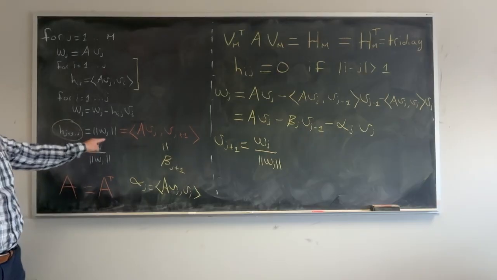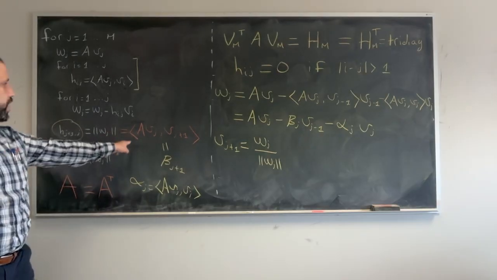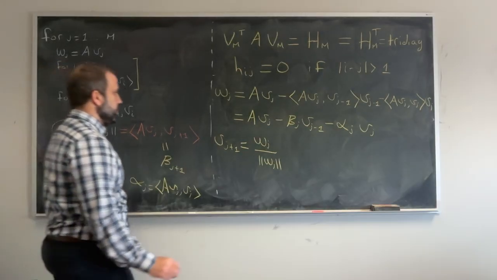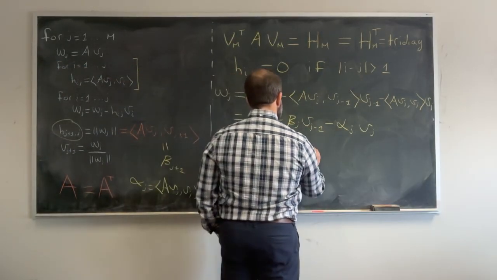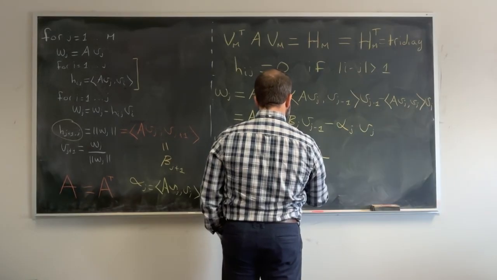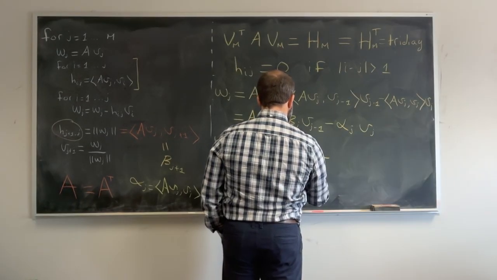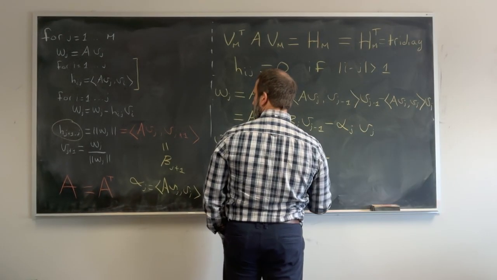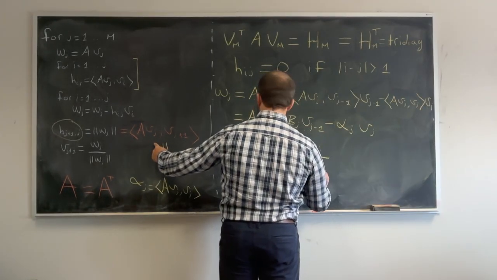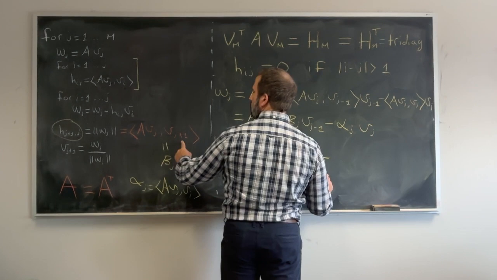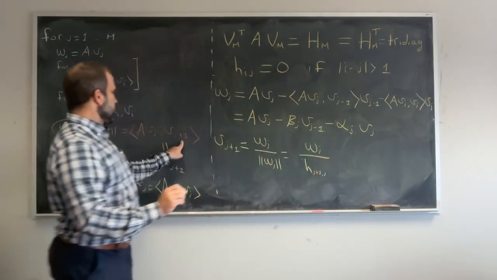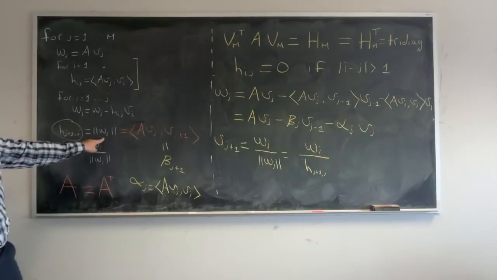The magnitude of wj is equal to h_{j+1,j}.